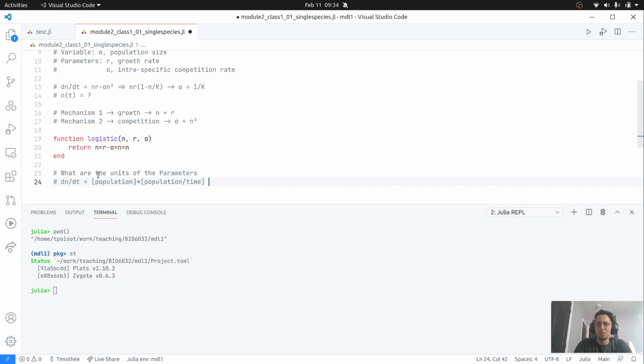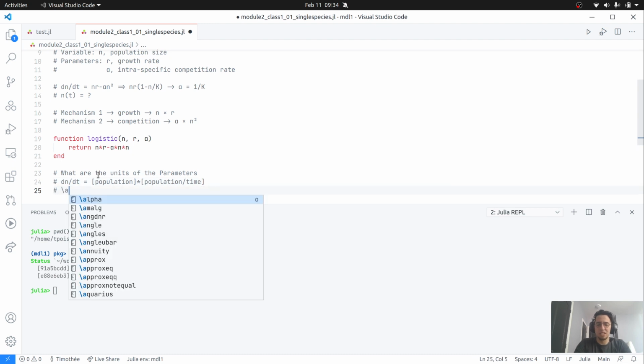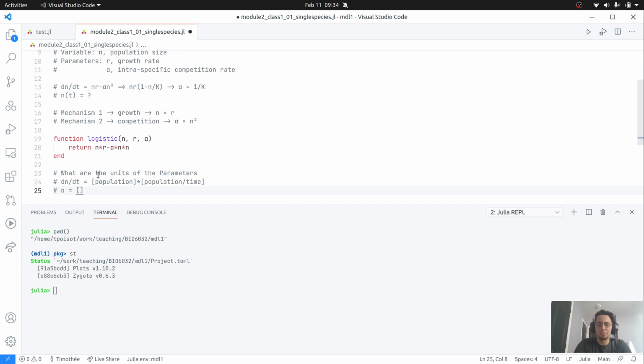What are the units of alpha? Well, the units of alpha times n squared are going to be the same as that. So alpha is going to be defined as, and the units of alpha are going to be, population to the minus 1 over time, times population squared.